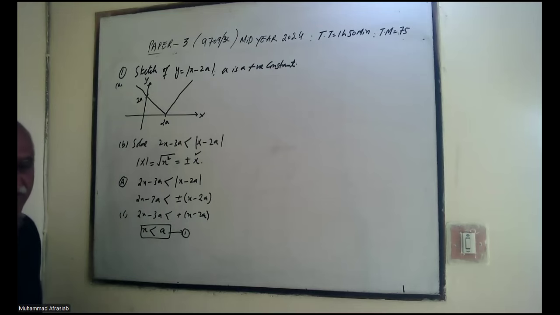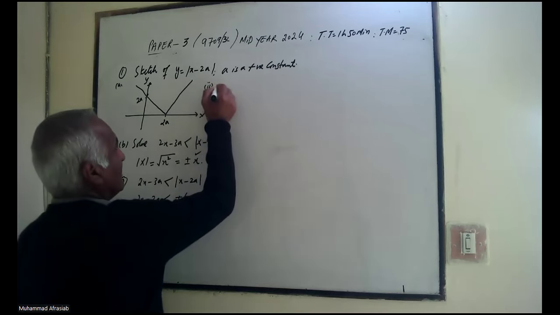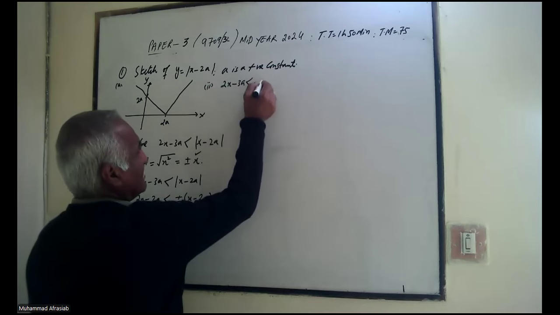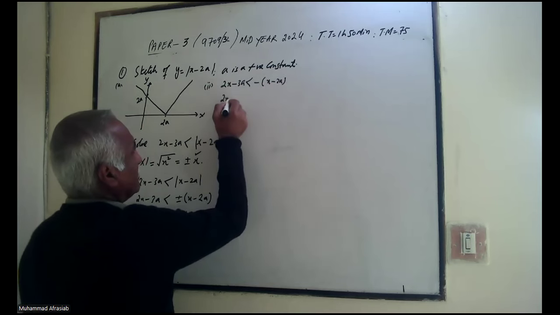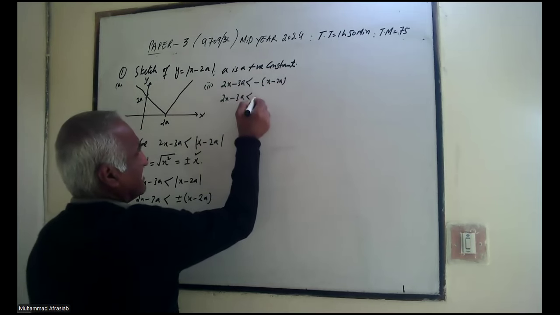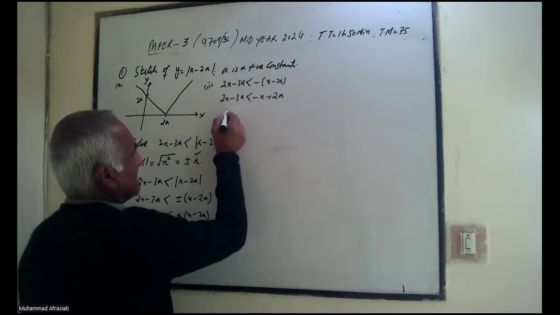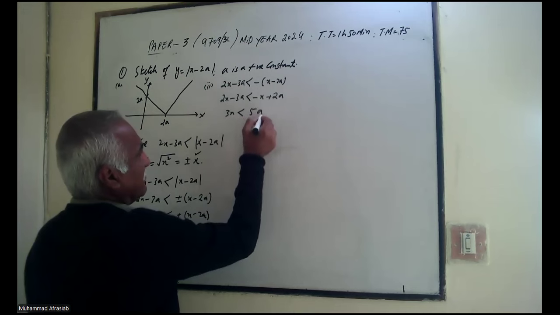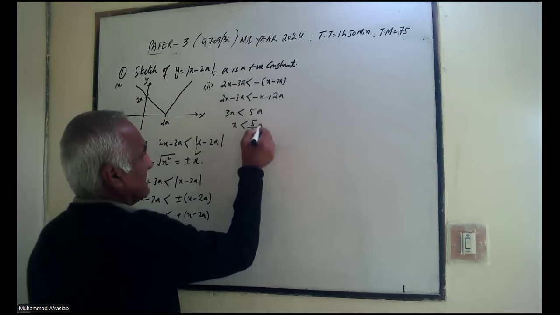The second case is that if we use the negative value, 2x minus 3a is less than minus x minus 2a, then 2x minus 3a is less than minus x plus 2a, or 3x is less than 5a, or x is less than 5 over 3a.